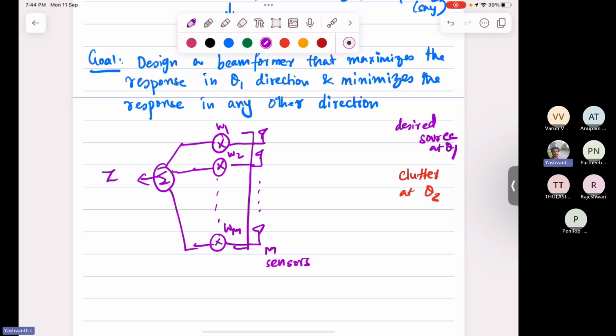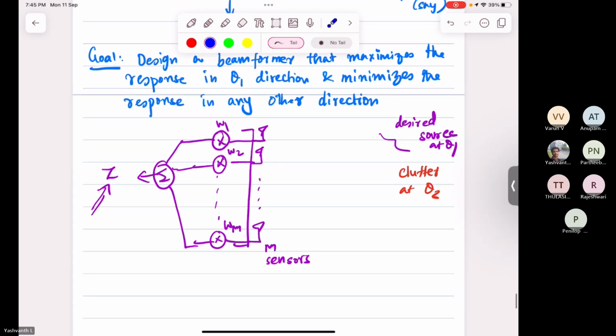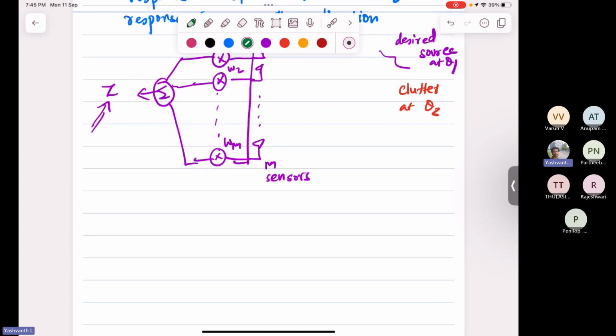The output Z should have the component of only the desired source, and all the components along any other direction should be as minimal as possible in Z. So I need to design these weights W1 through Wm, such that the component of the desired source is maximum in Z, and in Z there is minimal contribution from any clutter at any other direction in the space.